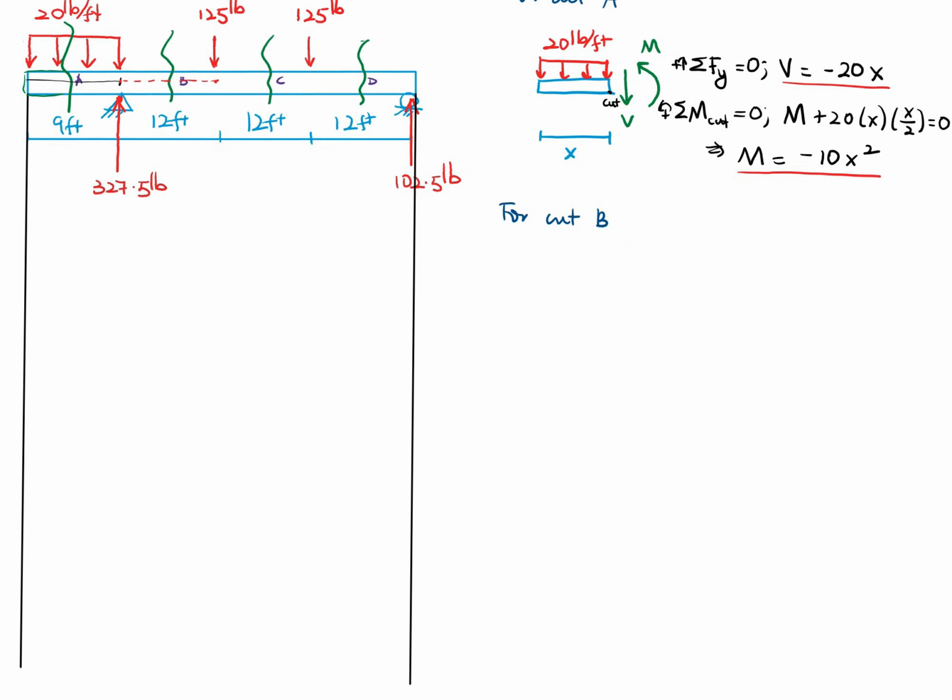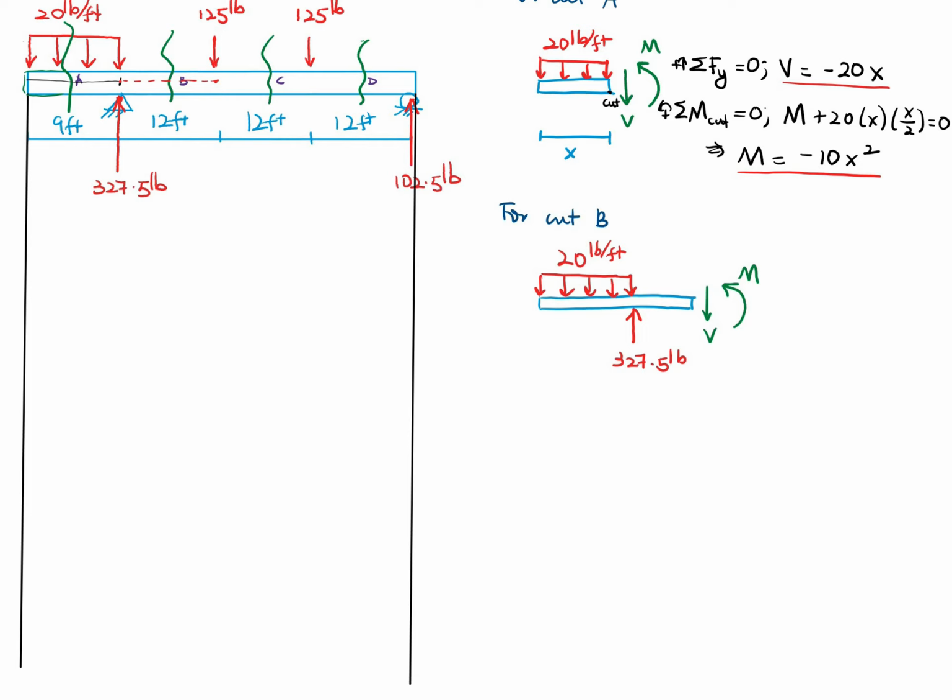So we have the entire distributed load, which is 20 pounds per foot. We know that we have a reaction at the edge of the distributed load, which is 327.5 pounds. And then we have our shear and our moment.